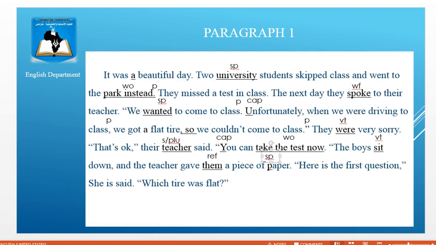Okay, so let's do it. Cap. Here is the first question. She said. She said, not she is said. So here we need to cross this one. Circle this one or cross it. It's like this.